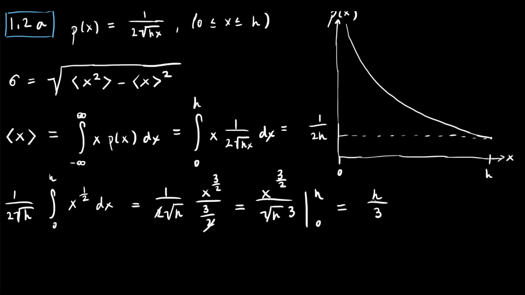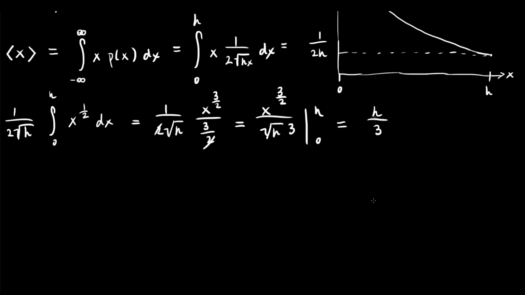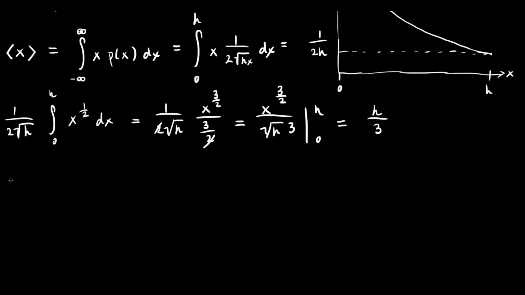Okay, now we have to find the expectation value of x squared, which is the same thing as before, except now we have x squared instead of x, same bounds.